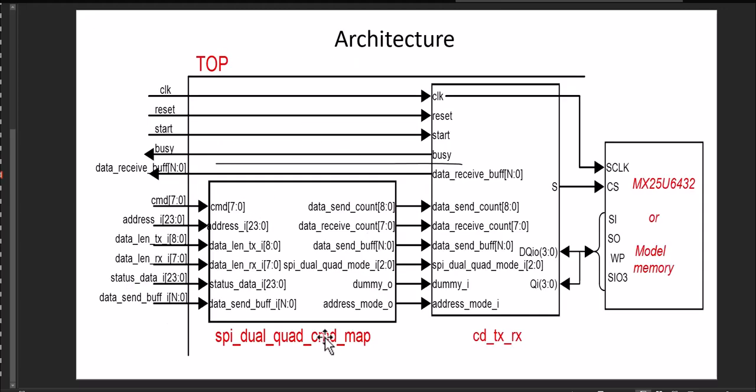We have two main modules: the command map and the command and data transmit receive module. I already defined the command, address, length of transmit, length of receive, status data and the send buffer, and we have to define the receive buffer as well.